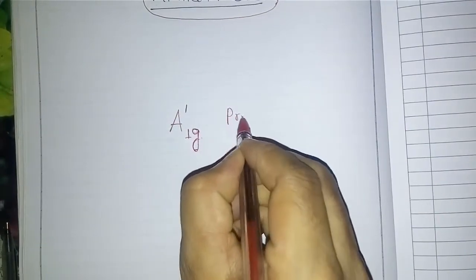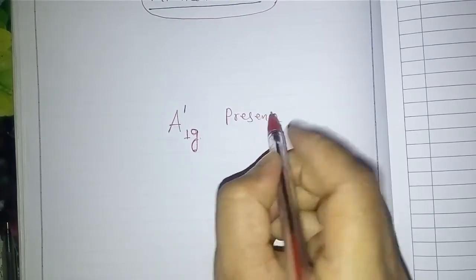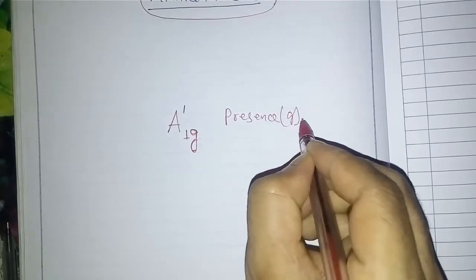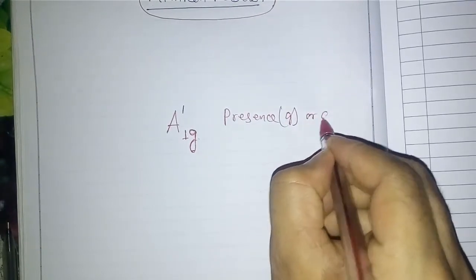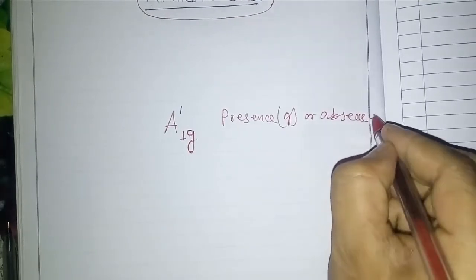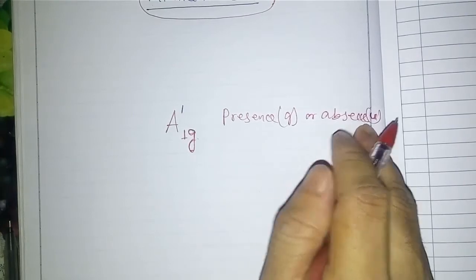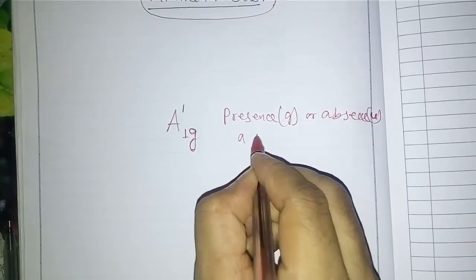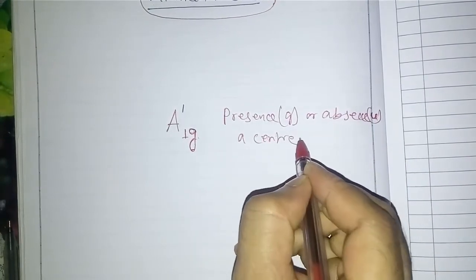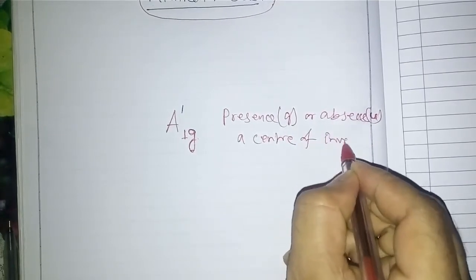So g is, see, presence of g or absence of u, a center of inversion.